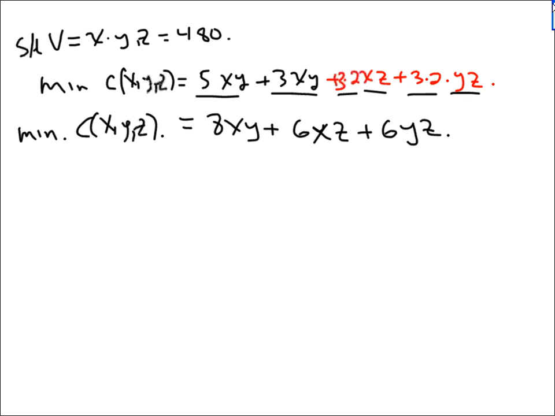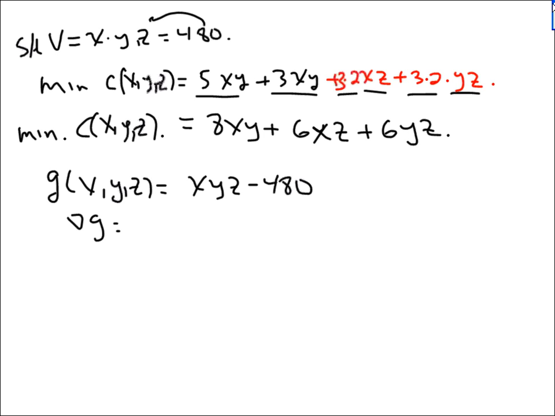So what you want to do is deal with your constraint. Just bring the 480 over, so it's xyz minus 480. So the gradient of g will be, now we've done this one already, with respect to x, it's yz, with respect to y, xz, and with respect to z, xy, and we multiply it by lambda.